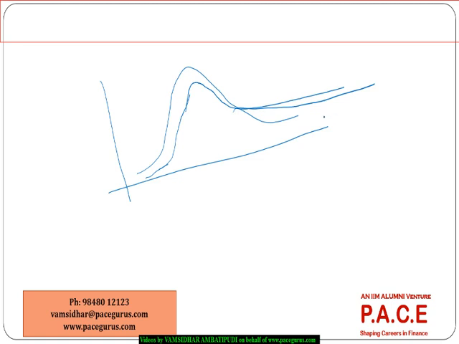Whereas when I'm looking at negatively skewed data, I may see that the values go more towards the left. That's how I differentiate a positive skew from a negative skew. And it is a very important concept when it comes to risk management. There are lots of examples which exhibit positive skewness and negative skewness.